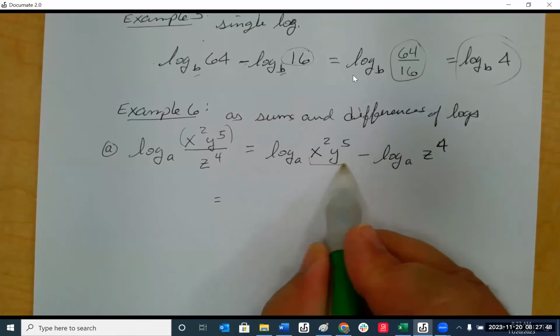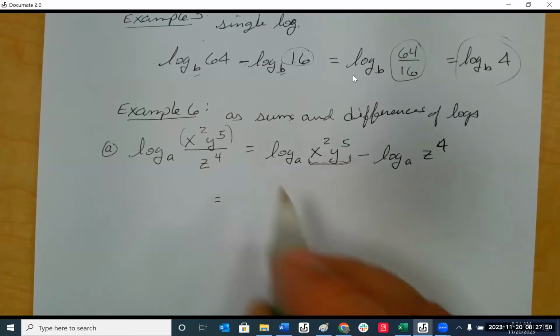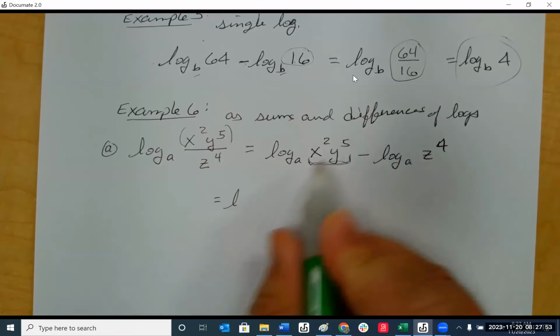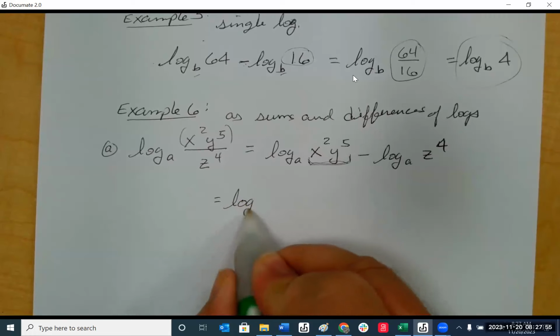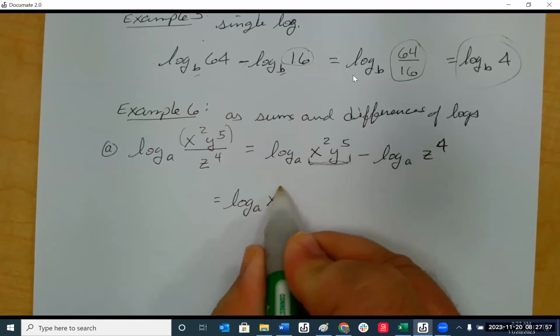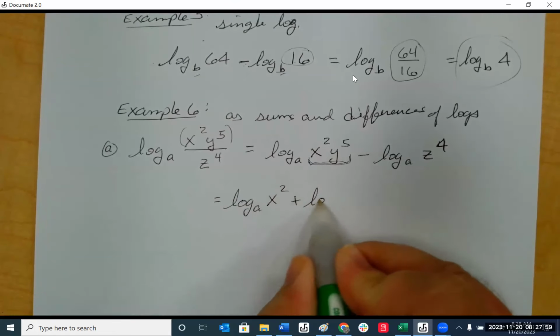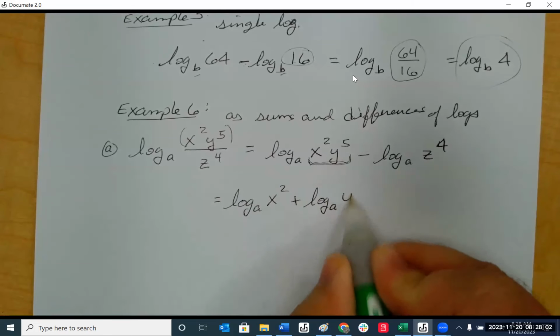Then we see a product here. We can't have a product, because since they're multiplied, we use the product rule. So it's the first one plus the second one.